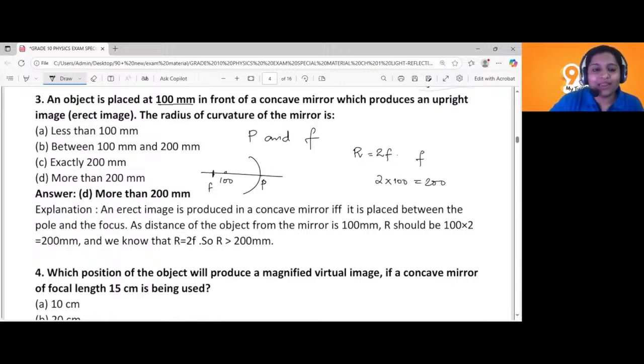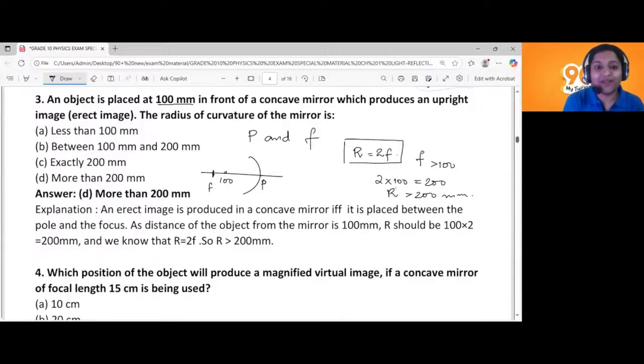Our focal length will be slightly greater than 100. So the radius of curvature should also be greater than 200 because of the relation R is equal to 2F. So R should be greater than 200 mm, because an erect image is produced in a concave mirror if and only if the object is placed between the pole and the focus.